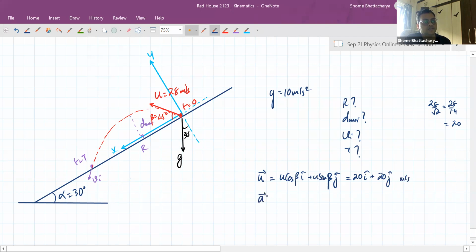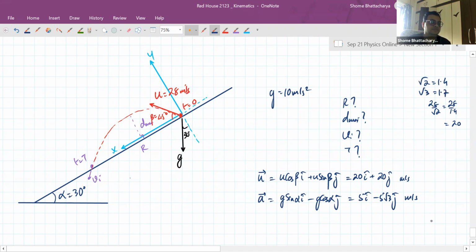And our acceleration due to gravity, we'll have to resolve it as g sine alpha i cap minus g cos alpha j cap. So it will become 5 i cap minus 5 root 3 j cap in meters per second squared. Just like we have taken root 2 as 1.4, we'll take root 3 as 1.7 later. Yes, good, that's correct.